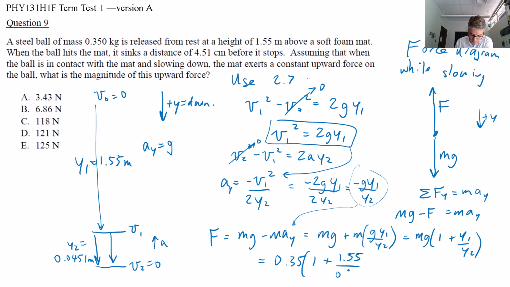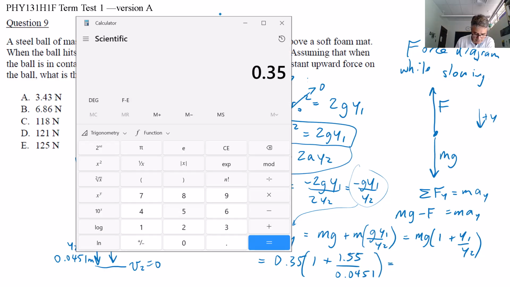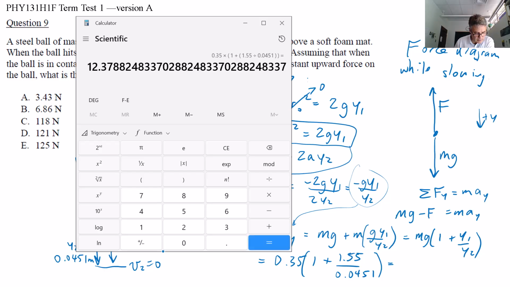and then stopped over 0.0451 meters. 0.35 times open parentheses 1 plus, another open parentheses, 1.55 divided by 0.0451, close parentheses, equals, and I got 12.4.